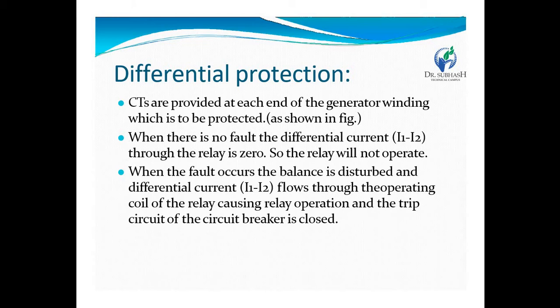If there is no difference between the primary and secondary sides, there is no spill current or differential current produced, and so the relay will not operate. When a fault occurs, the balance is disturbed and differential current I1 minus I2 flows through the operating coil of the relay, causing relay operation, and the trip circuit of the circuit breaker is closed.